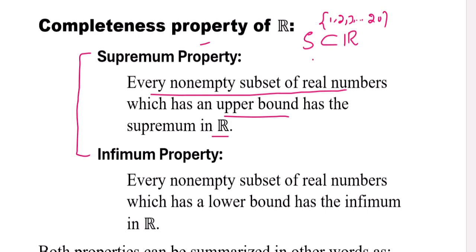Now S has an upper bound. Clearly 20 is an upper bound of S. The supremum property says this set S must have a supremum in R. Must have, and you can notice that 20 is also the supremum of this set.